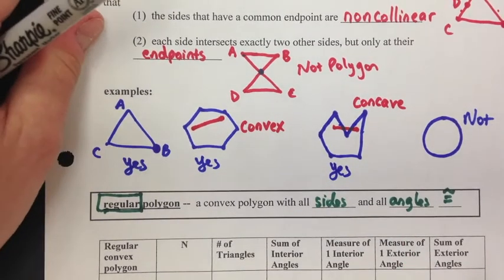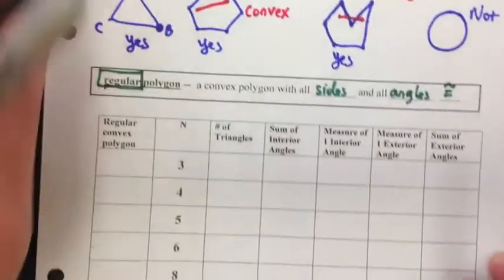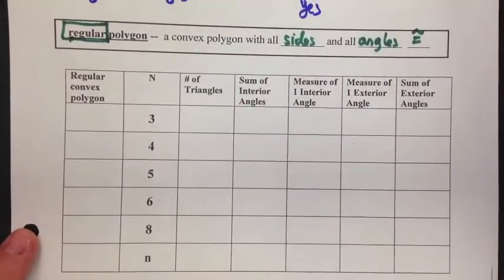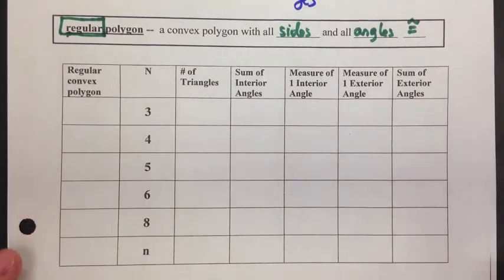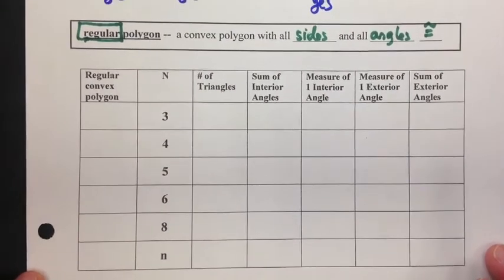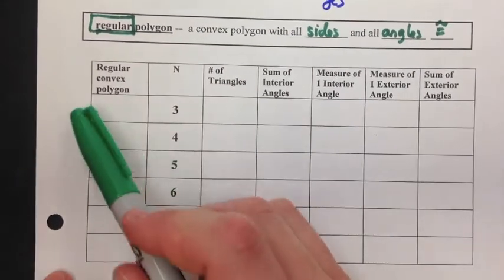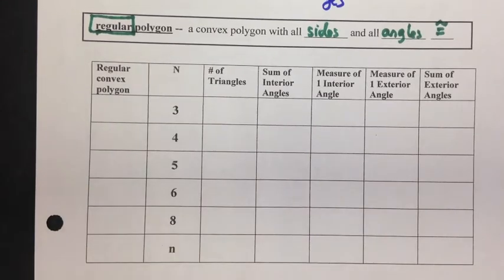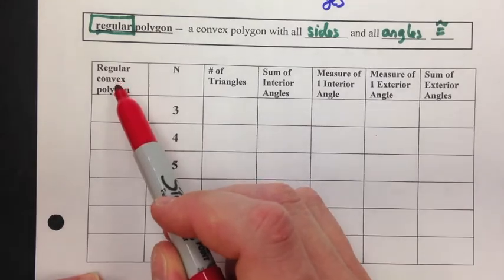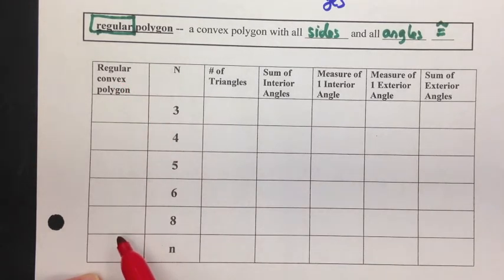Now, what we're going to do here is look for some patterns. So you have this big chart, and we're going to fill this thing out. There's not a lot of space, so we're going to draw some pictures on the side. In the columns, for regular convex polygon, we're going to put the name in there.